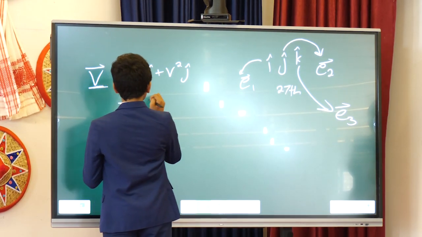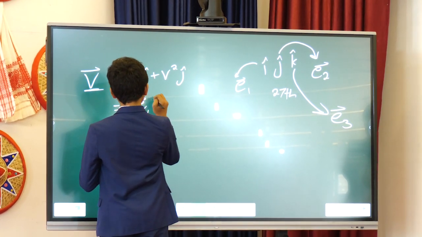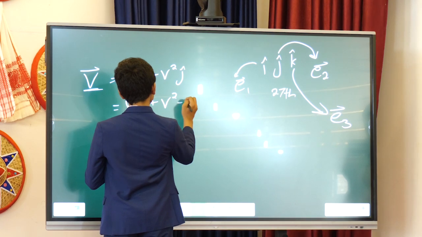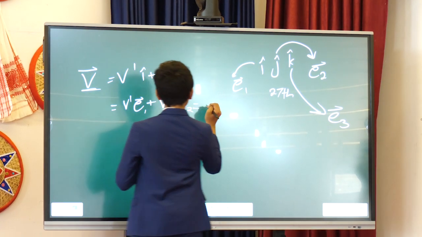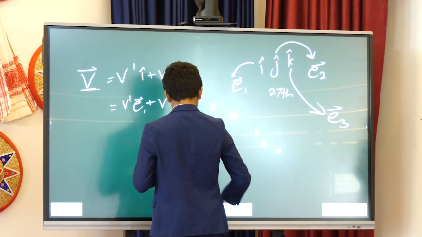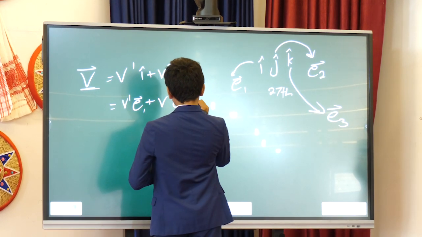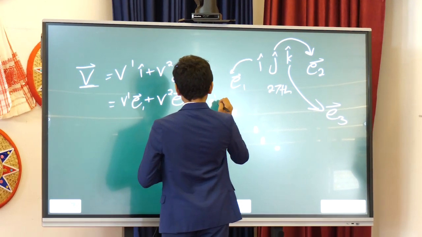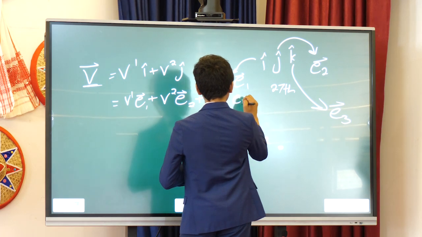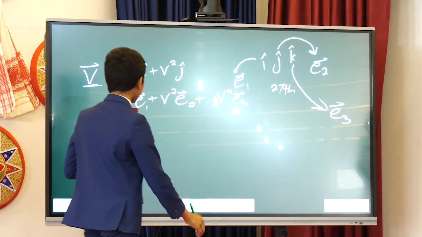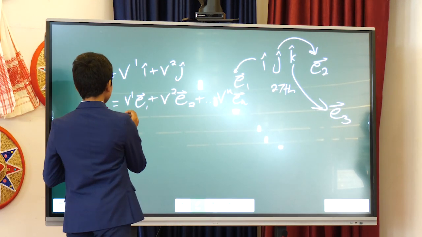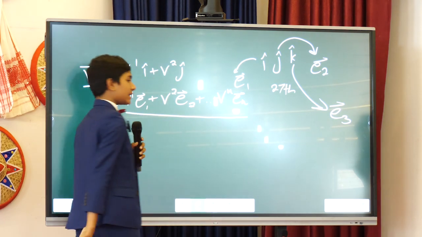So we get v^1 e1 plus v^2 e2, and so on. So this is going to be, if we have just n components, we get v^n en, right? So this is going to be how we write any vector.